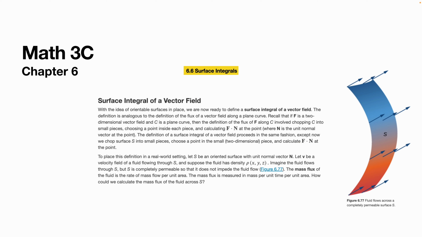And then by adding all of those up, we'll be able to come up with flux. As in our example here, f vec is fluid flow, so that's the mass flux: how much mass of the fluid is flowing past or through the surface S.